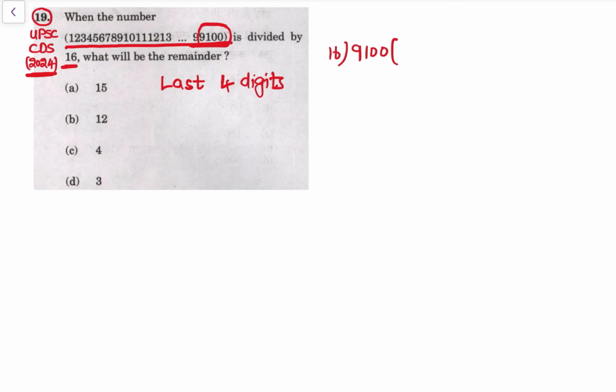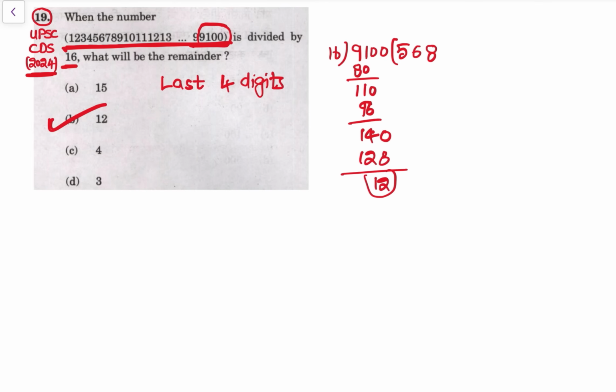See, 16 fives are 80, then 16 sixes are 96, then 16 eights are 128. So the remainder is 12. 12 will be the remainder when this entire expression is divided by 16. There is no need to check everything.